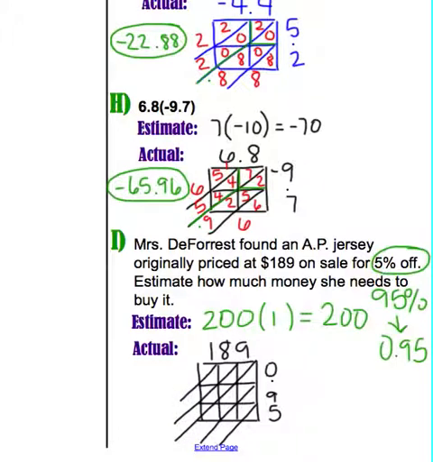And go ahead and multiply. 1 times 0, 8 times 0, 9 times 0, all zeros. So you might be wondering if you needed that 0 in there. Probably not, but I used it anyway.